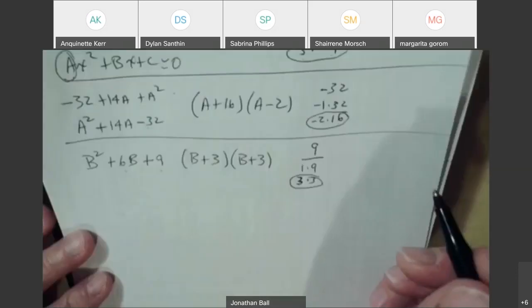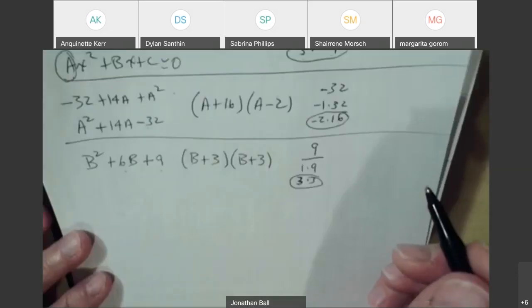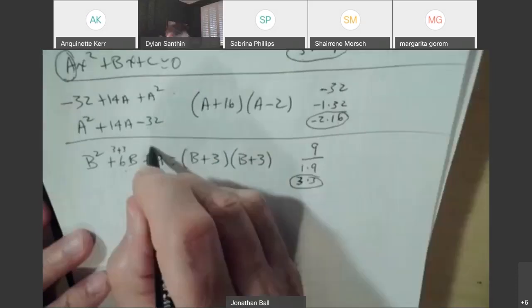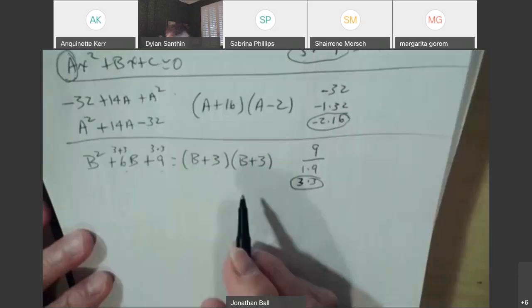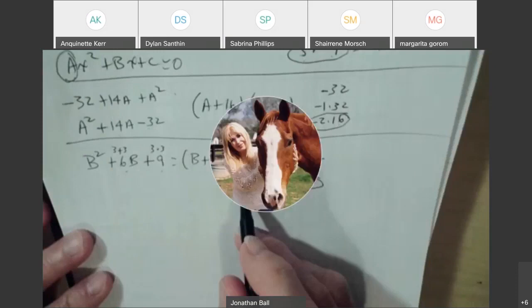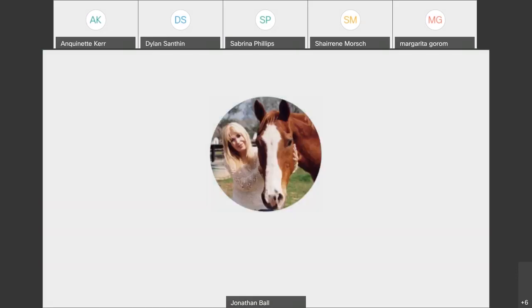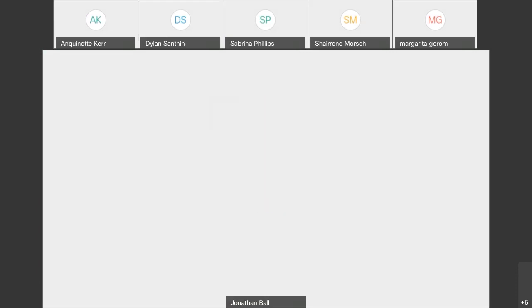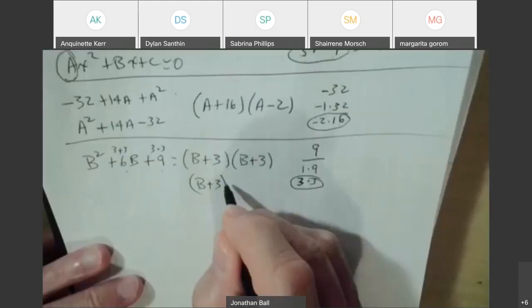This one is 3 times 3. So the answer you're going to see on the final will probably be b plus 3 squared, because these two things are exactly the same.